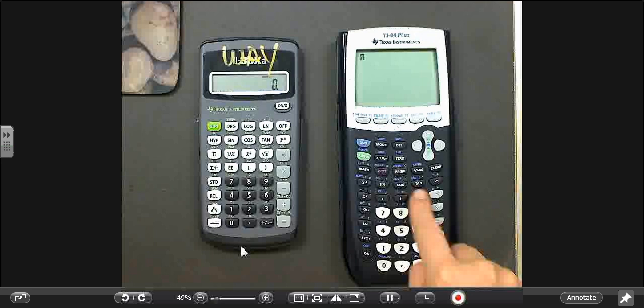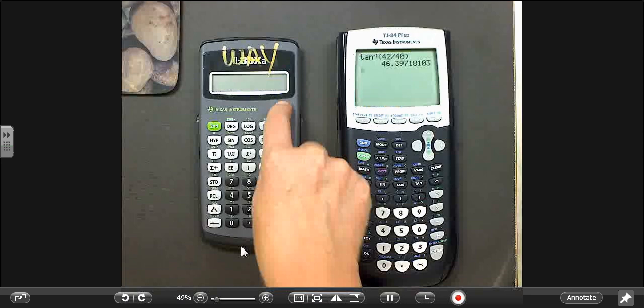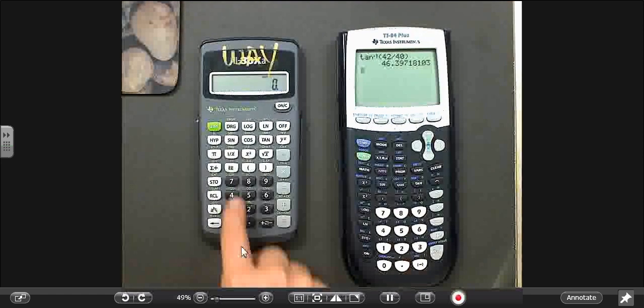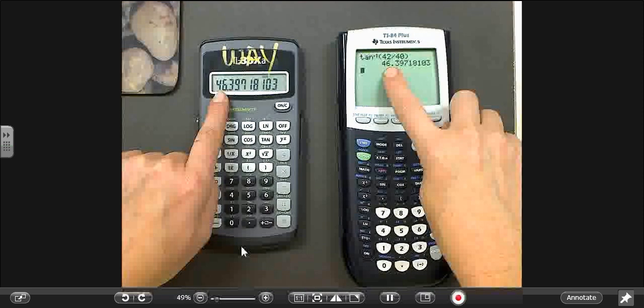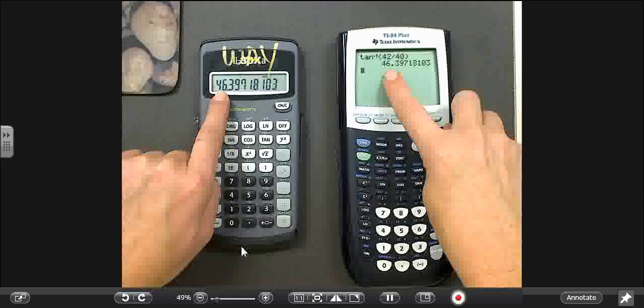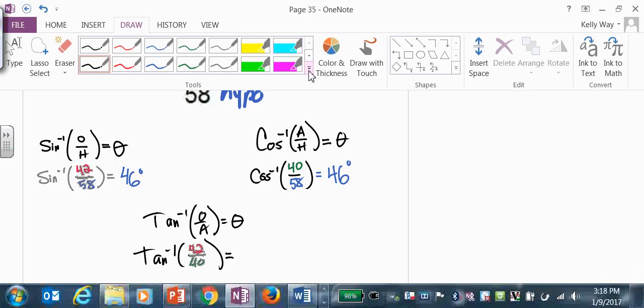Second function, tangent, 42 divided by 40. This one's 42 divided by 40, equal sign, second function, tangent. Once again, the exact same thing. All three of these give you 46 degrees.